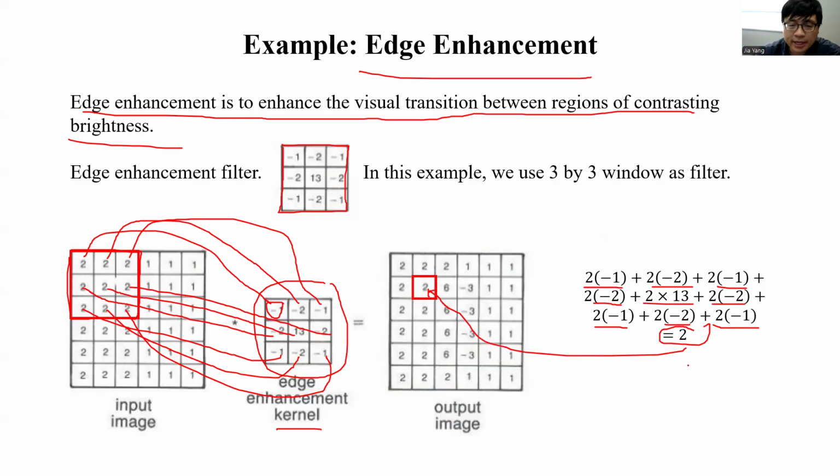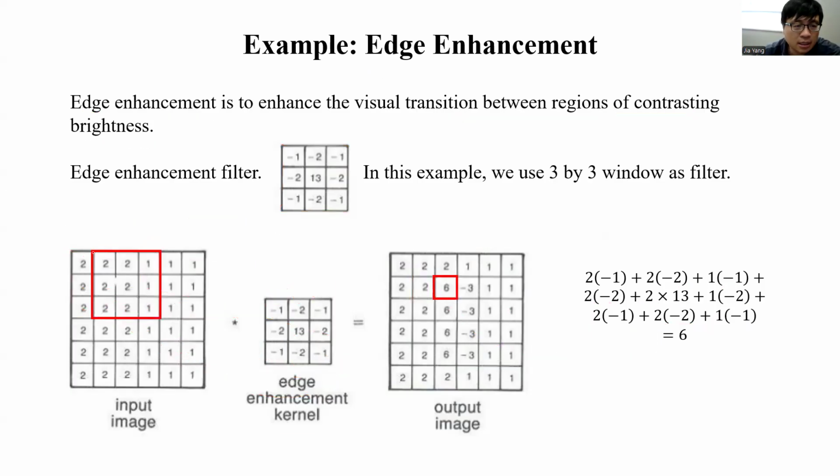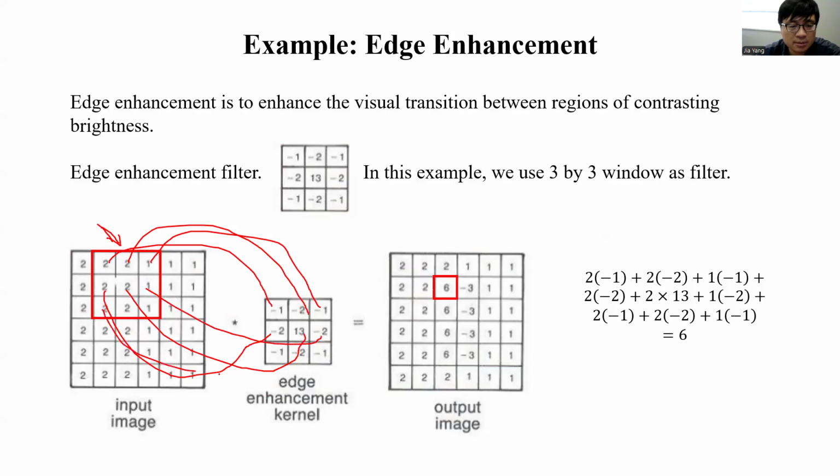After we get the value for the center pixel of the first moving window, the moving window moves to the right. Here the moving window moves to this place, and we repeat the same process: 2 times -1, 2 times -2, 1 times -1, 2 times -2, 2 times 13, 1 times -2, and the same thing for the other 3 pixels.